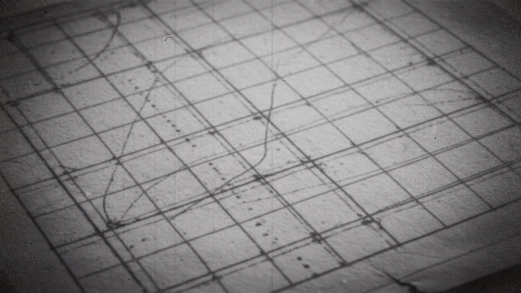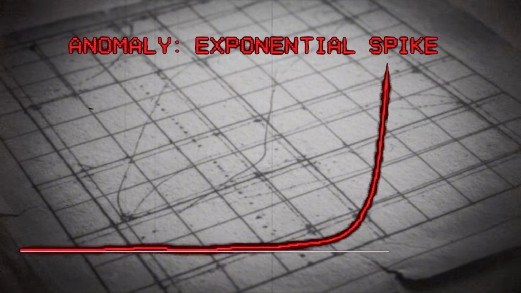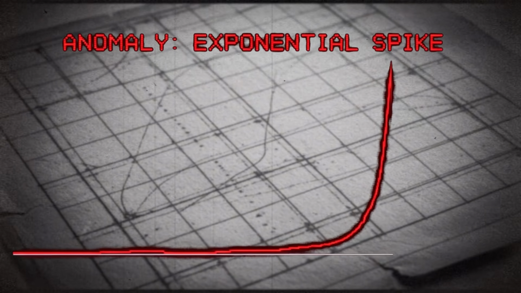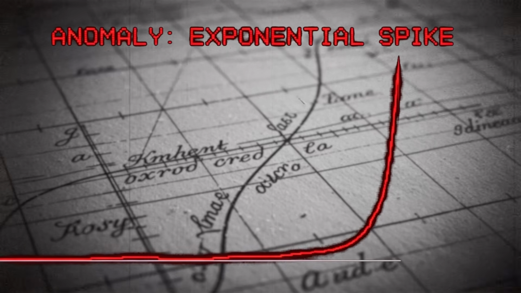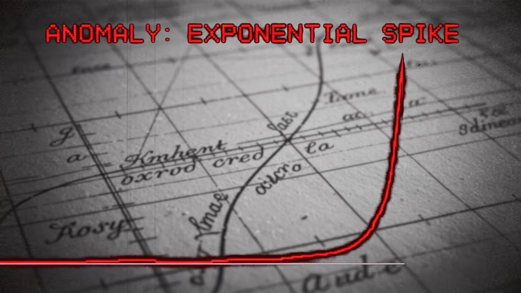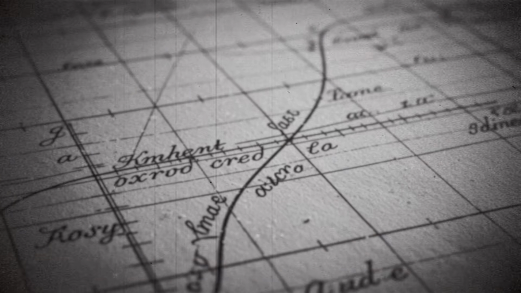But then a statistical anomaly occurs. A glitch in the matrix of biology. Suddenly, without modern antibiotics, without industrial agriculture, during a century plagued by cholera, tuberculosis, and global warfare, the population graph doesn't just curve upward. It goes vertical.